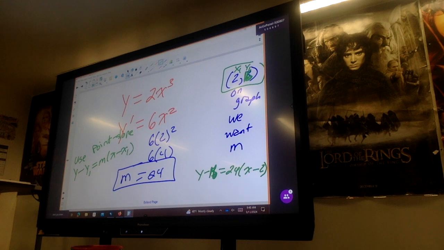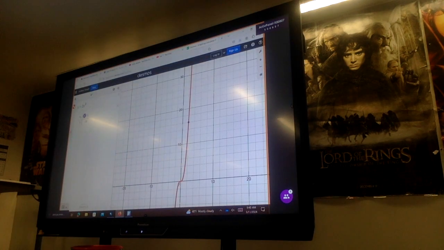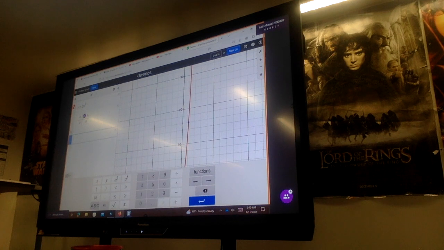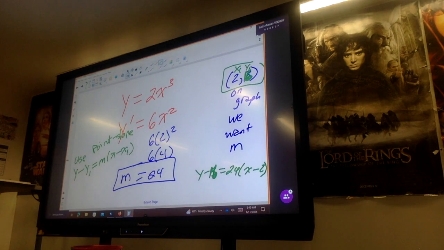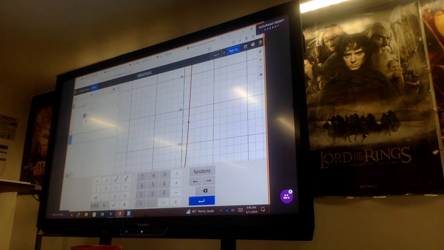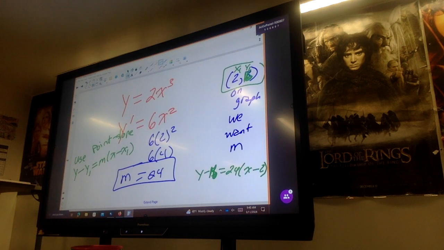Okay, so this point right here has a single tangent line that kisses it. So somebody write this equation down for me because I'm going to have to keep going back and forth. Y minus 16, you got it so far? Y minus 16 equals 24 parentheses x minus 2.